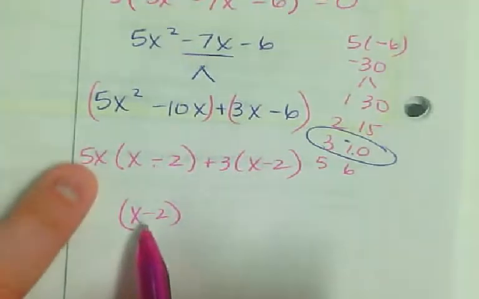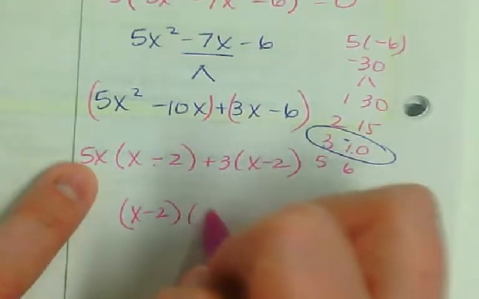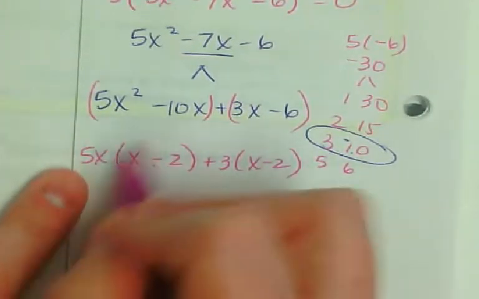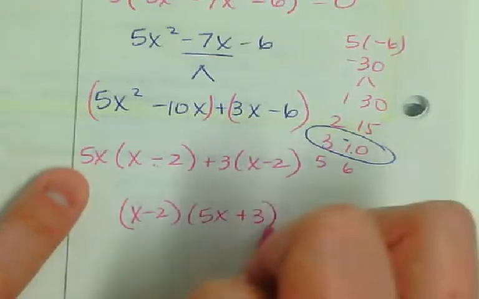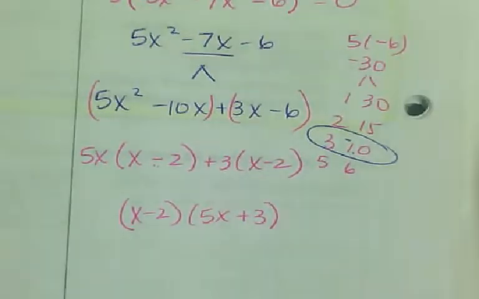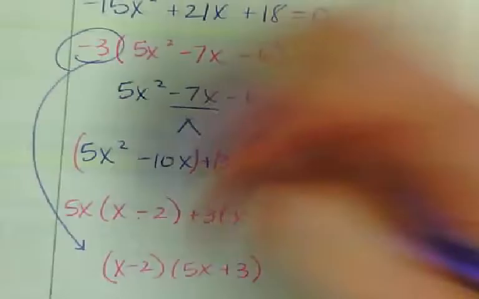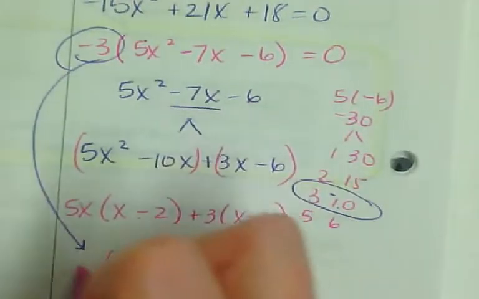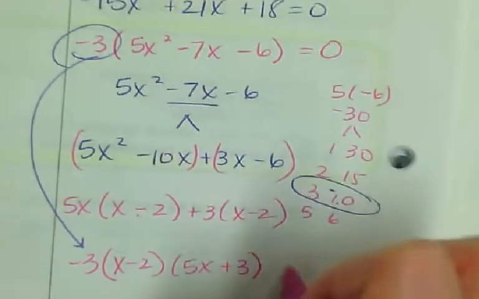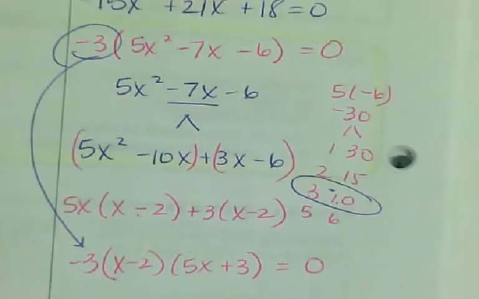I still have to multiply x minus 2 by that 5x in order to get this part here, and then I have to multiply it by a 3 in order to get that part there. And then this negative 3 that I factored out has to come back down here in the front. And it's still equal to 0.